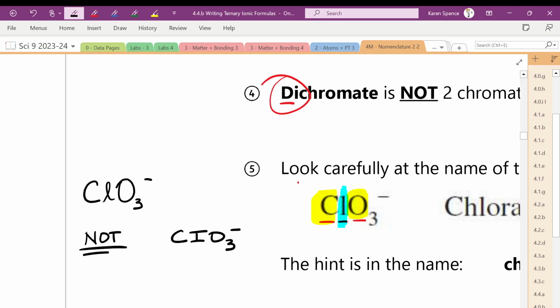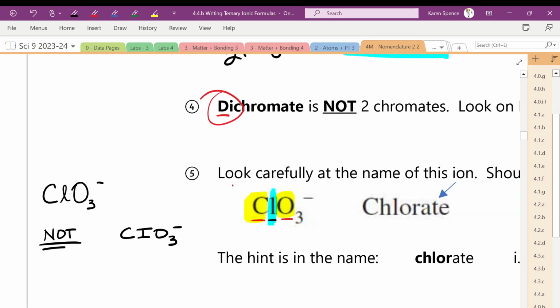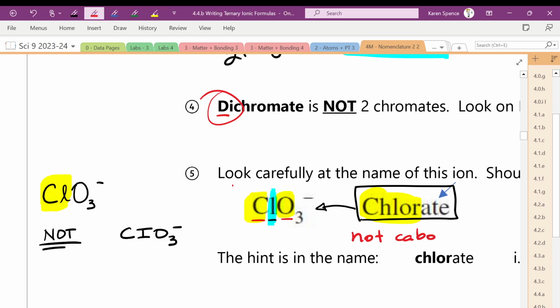This should make sense because you will have been given the name chlorate. You go and look it up. If you have a name that has chlor in it, you should have the symbol for chlorine. It is not carbon iodate.